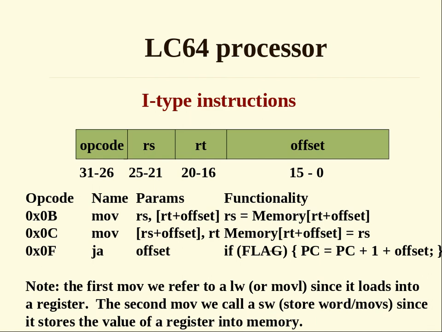So if you're moving in this regard, RS is first, and you're moving from the second parameter to the first. So it's going out to that memory address, finding the contents of that memory, storing the value of that inside of RS. Now, how does it calculate what memory address? Well, it takes the contents of the RT register and adds the immediate offset. So this is an actual number in the instruction, and it's going to add that actual number to RT.